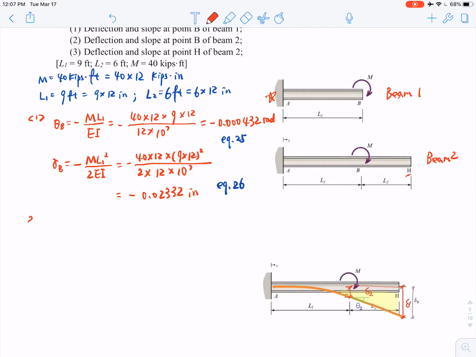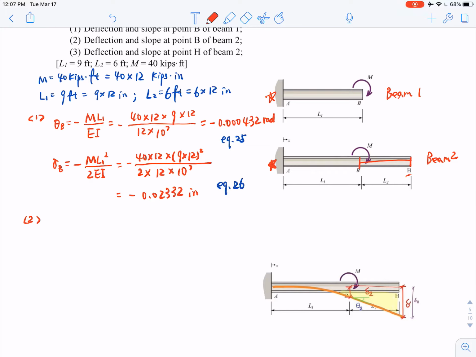In the second question, deflection and slope at the point B of beam 2. We look at beam 2. The beam 2 is right here. So if you add a concentrated bending moment M to point B, this is actually the same as the first beam, apart from you added another section, BH, to it.